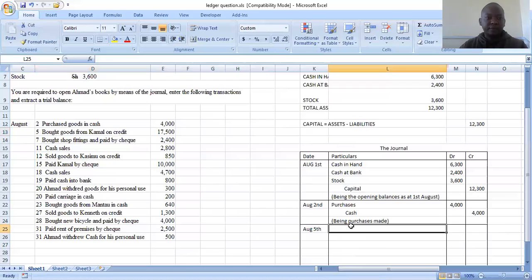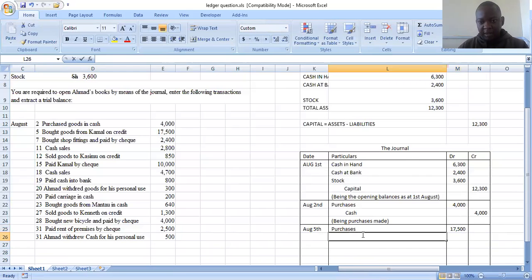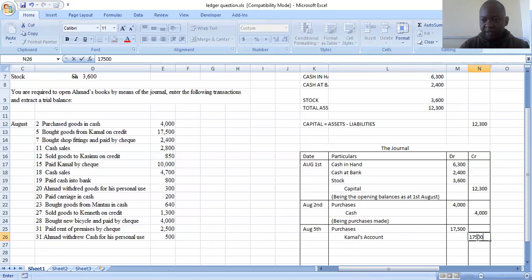And we do that. So debit purchases account by 17,500, and then credit Kamal's account by 17,500.